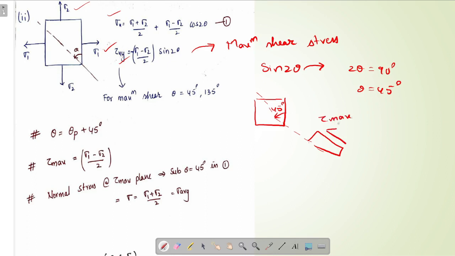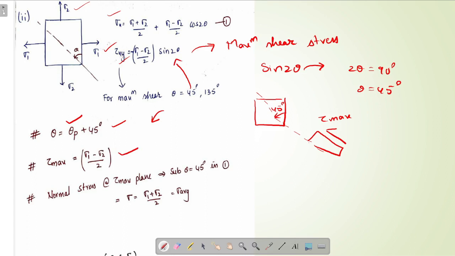Remember, if theta p is the principal plane, if we take a 45 degrees angle from that principal plane, we will get the maximum shear plane. By substituting this 45 degrees in this formula, we will get tau max as sigma 1 minus sigma 2 by 2. That is the difference between the two principal stresses divided by 2.